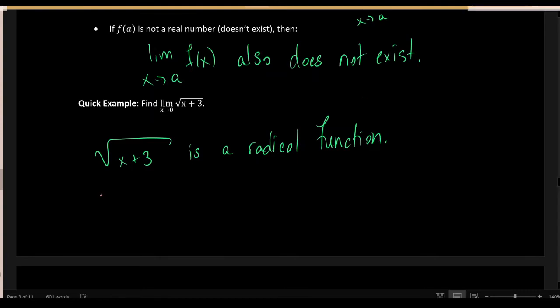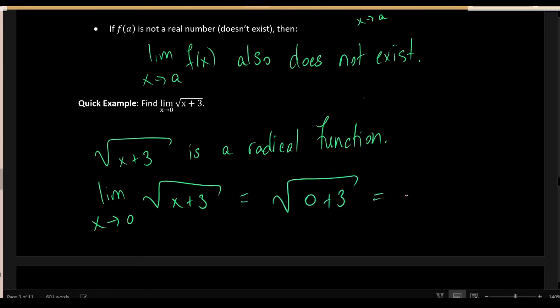And that means that the limit as x approaches 0, the behavior of the function near 0, is the same thing as the behavior of the function at 0. And we get square root 3.